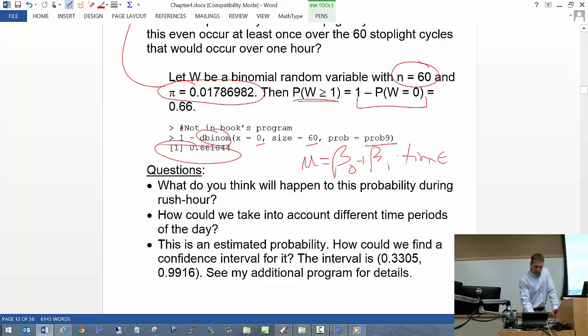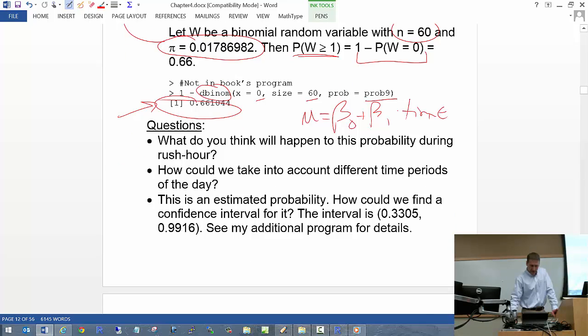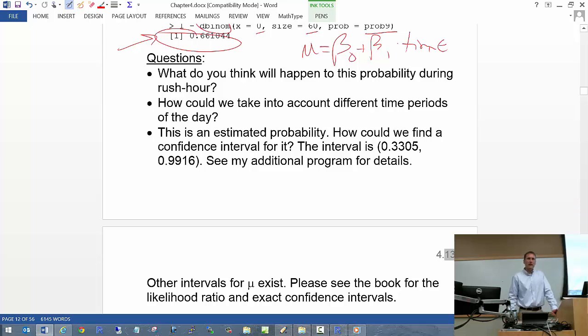Now again, this probability here is an estimate. And if it's an estimate, then you might want to know what the true probability is. In other words, maybe find a 95% confidence interval for the true probability. You could use the delta method, which we talked about a little bit last time and which has come up a number of times before, to come up with an estimated variance for this estimated probability, and then find a Wald-like interval for it.